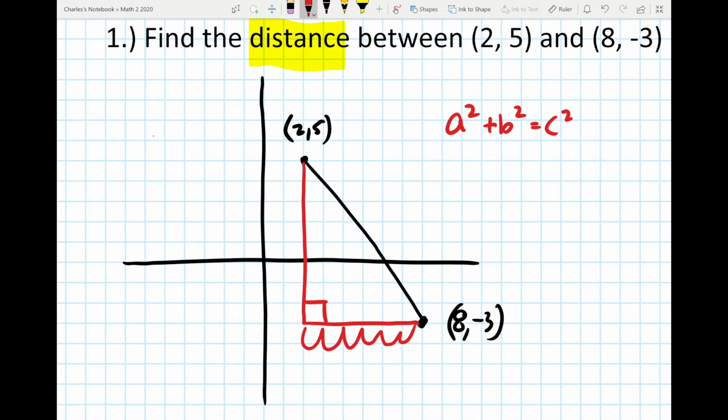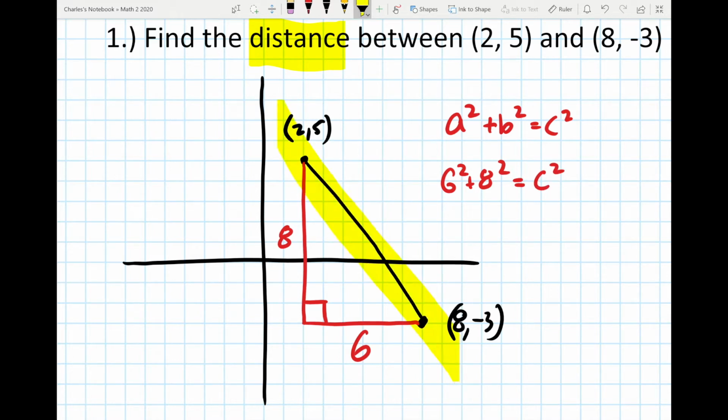This is the horizontal distance of the leg, and then 1, 2, 3, 4, 5, 6, 7, 8. 8 is the vertical distance, and so we would get 6 squared plus 8 squared is equal to c squared. C, remember, is the hypotenuse, which is the long side, the side that's opposite the right angle in a triangle.